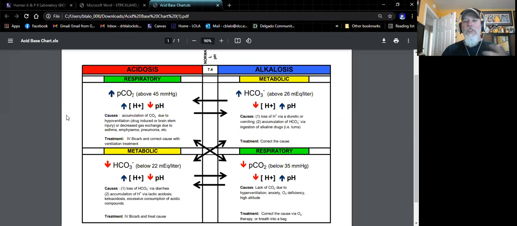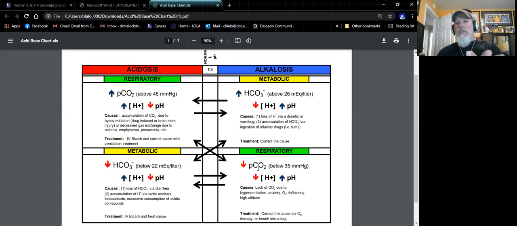So let's start with the respiratory, because we've done that already. So respiratory acidosis. If a patient came in and Mrs. Jones presented to you, what would you be looking for to see if she was in a respiratory acidic state? Well, we would be looking for changes to respiration that would create acidity. We're not talking about compensation right here.